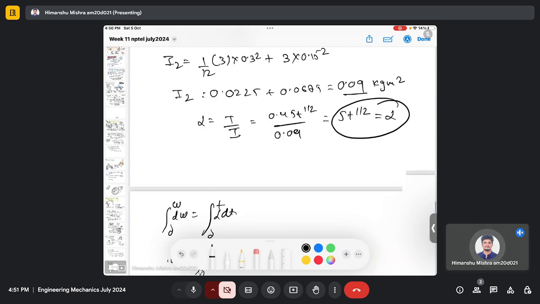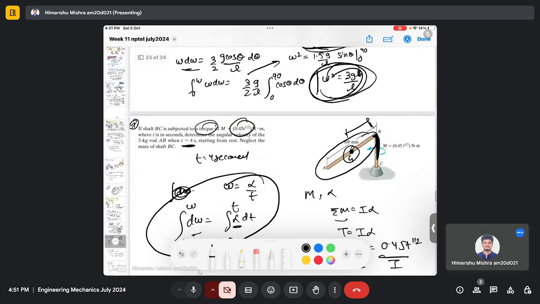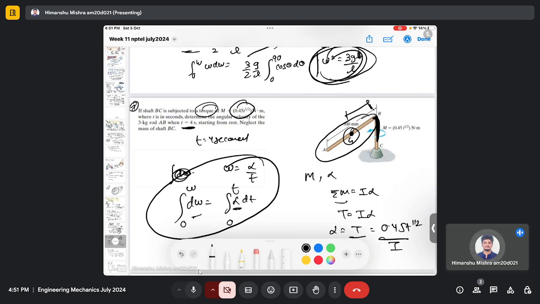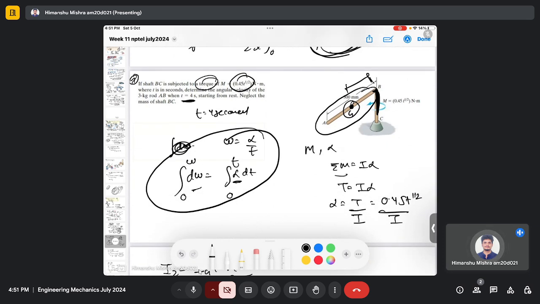So again, you can see in this question we have used two concepts. First, since the rod is rotating, we need to find the angular velocity, and we have been given the torque or the moment. So how do we find the angular velocity? First, we need a relation which gives the connection between the moment given in the question and kinematic quantities like angular acceleration and angular velocity. We know this expression: the summation of moment equals moment of inertia times angular acceleration.